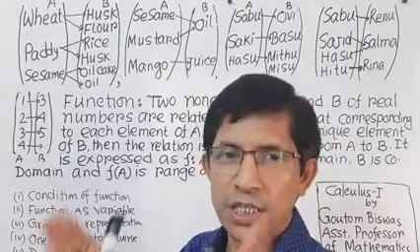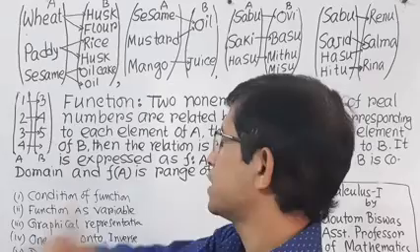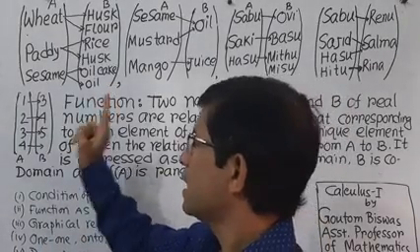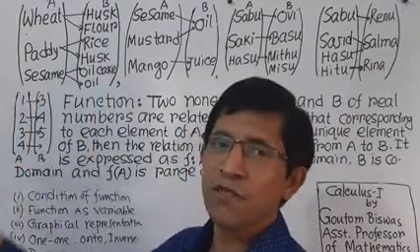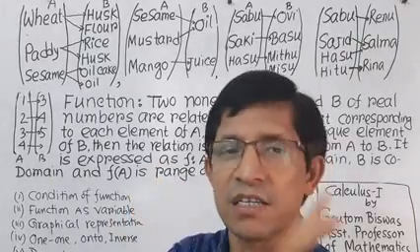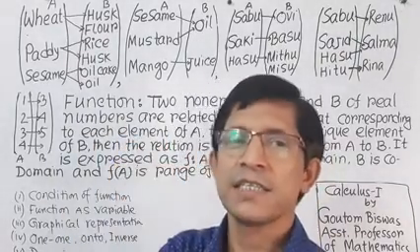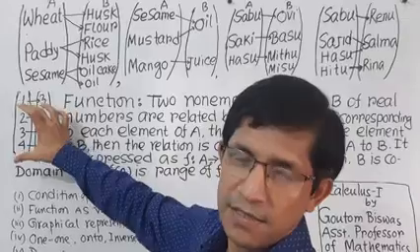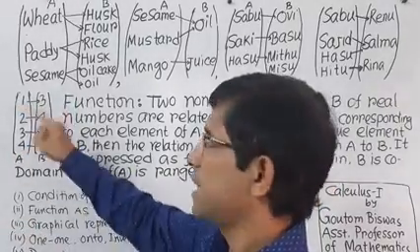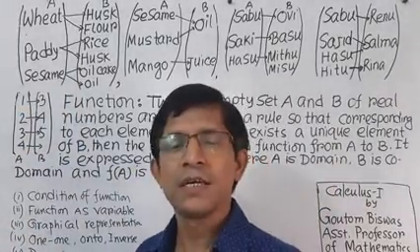So what is the second condition? The second condition is that if all the elements of the first set don't take part in the relation, then the relation will not be a function.